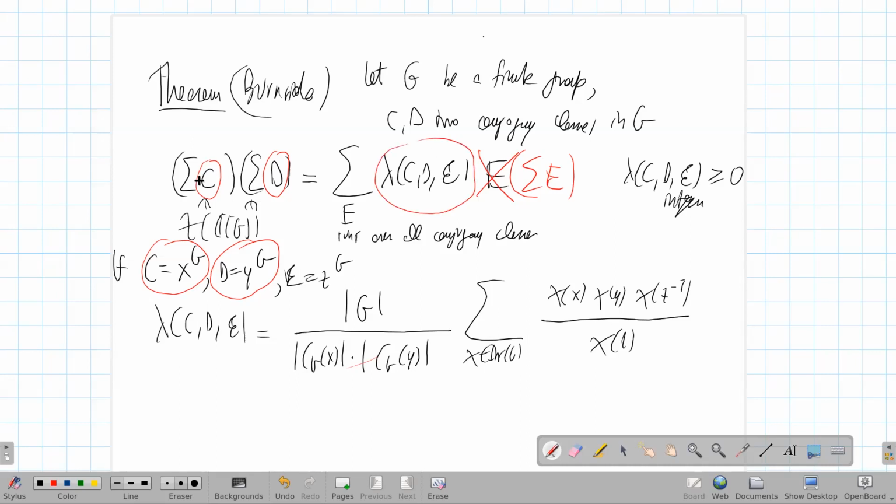This is the sum of the distinct elements of the conjugacy class of X. This is the sum of the distinct elements in the conjugacy class of Y, and this factor will tell you how many times the sum of the elements of a conjugacy class of Z appears in this product.